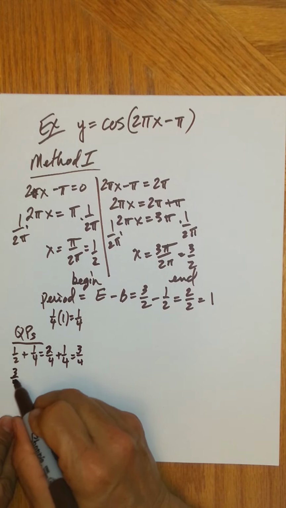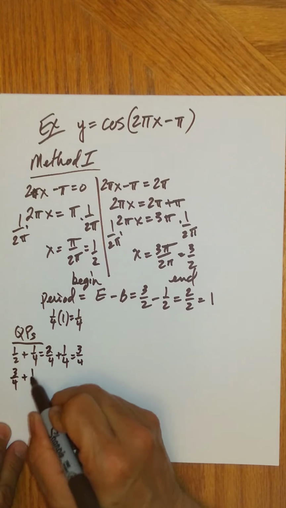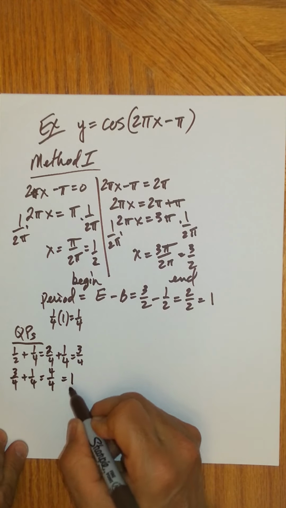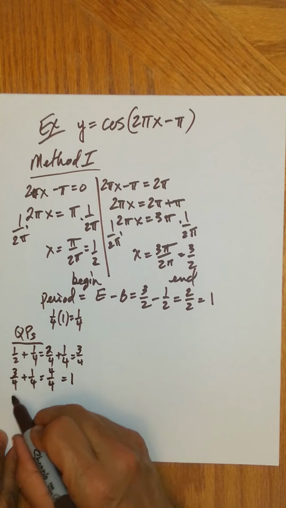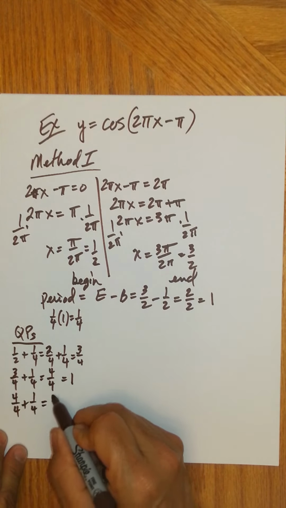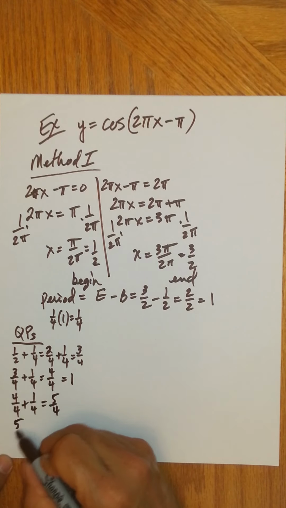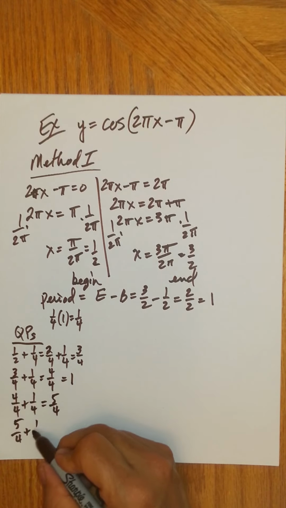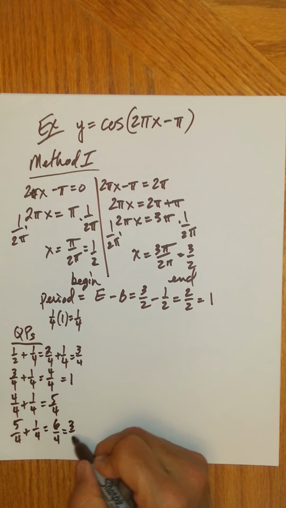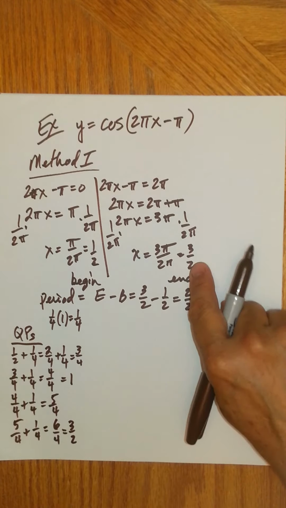And then, starting at 3/4, add another 1/4. So that's 4/4, which is really 1. But I'm going to work in 4/4 because we're still adding a 1/4. So I get 5/4, and now 5/4 plus 1/4 is 6/4. And reduced, that's 3/2. That is the end of our wave.